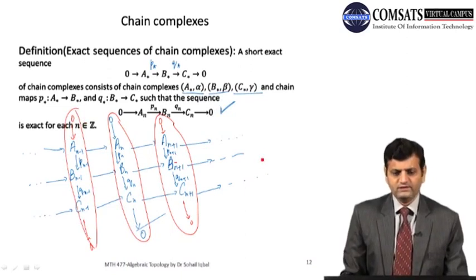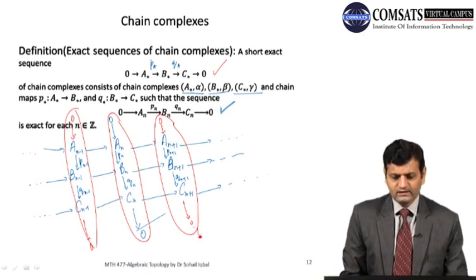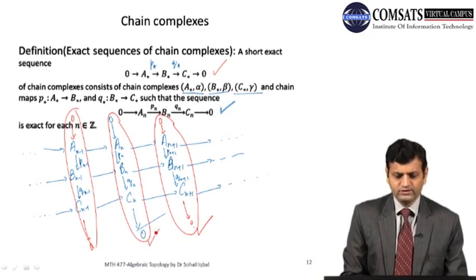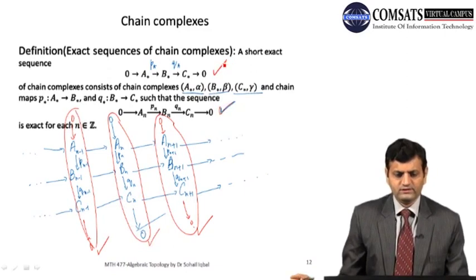So we say that this sequence of chain complexes is short exact if and only if for each and every n, this little portion is a short exact sequence of modules. If this happens, then we say that this is a short exact sequence of chain complexes.